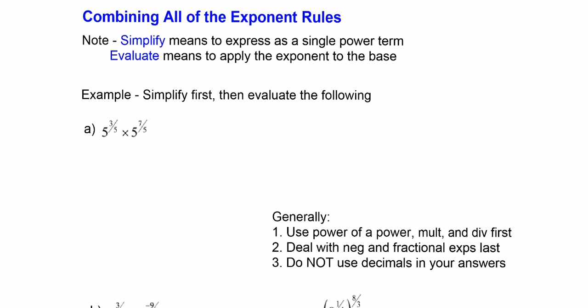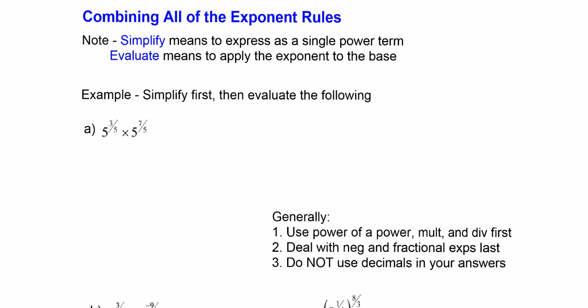Evaluate means we're applying the exponent to the base. Every time we do these problems, we're always going to have to find a common base, bring all our powers together, simplify, either moving it from the top of a fraction to the bottom of a fraction, or just evaluating right away. All right, let's begin.